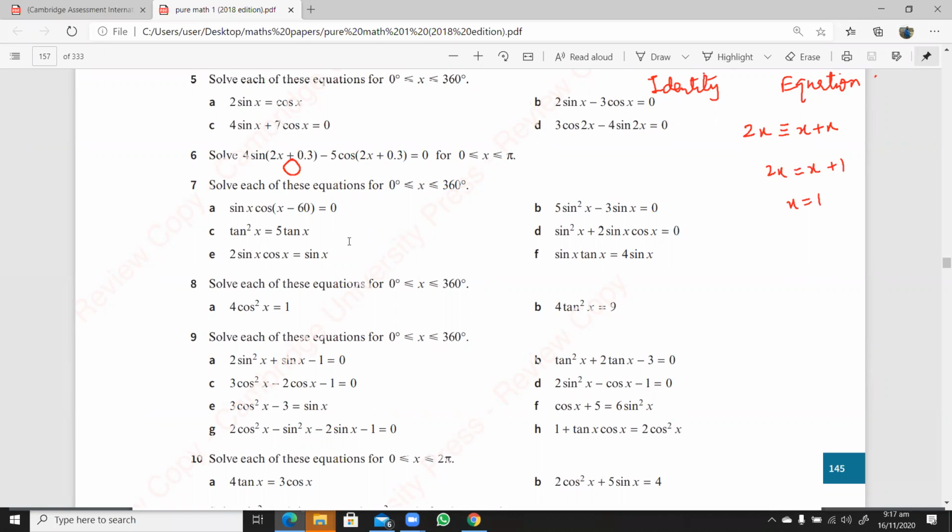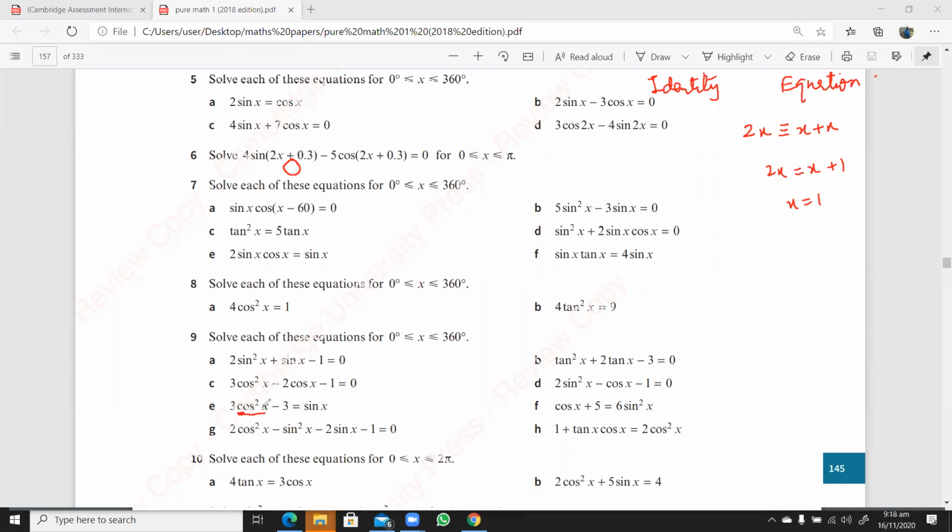You have 3 cos square x minus 3 equal to sine x. So you see this question here. You were writing the whole of this equation in terms of sine x. So you changed this cos square x with 1 minus sine square x, right?